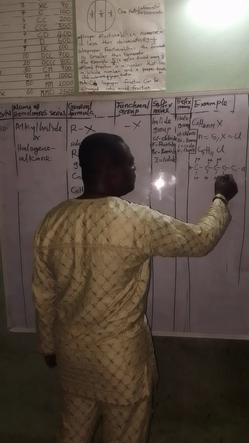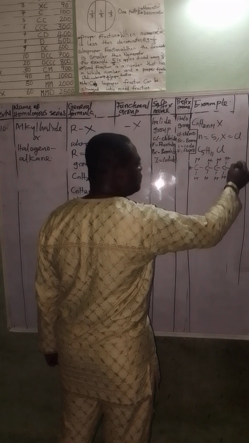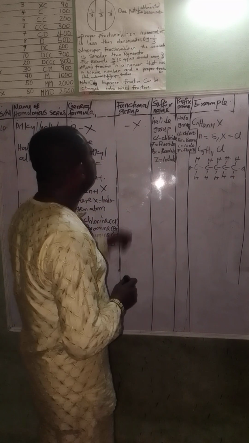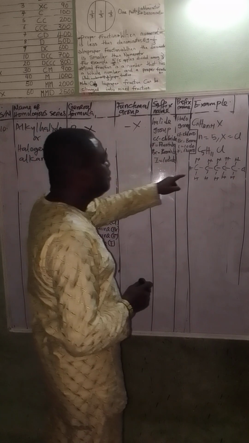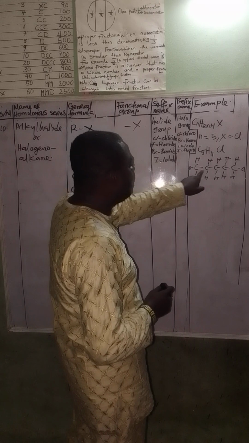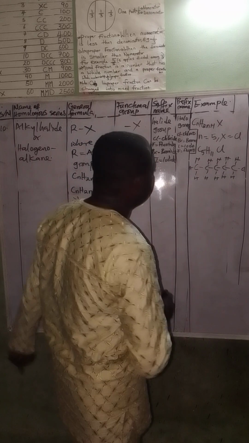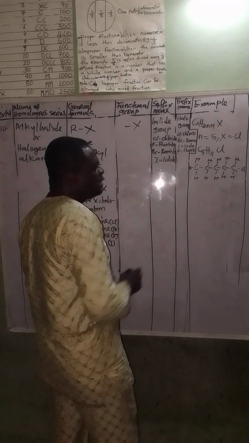Now, if your chlorine is by the first carbon or the last carbon, then its name ends with what? You now count the number of carbons: 1, 2, 3, 4, 5. So it becomes a pentyl group.